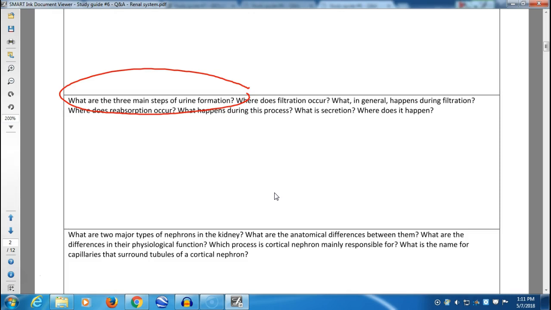Okay? Type of capillaries in the kidneys is fenestrated capillaries. Reabsorption is moving of chemicals back into the blood, and secretion again from the blood into the filtrate. Know these directions. Are we clear?